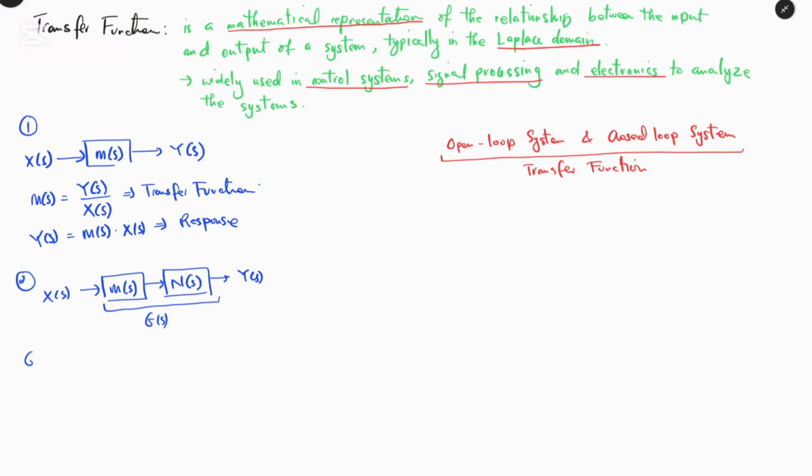So we can say G(s) equals M(s) times N(s), which equals Y(s) over X(s), which is the transfer function.